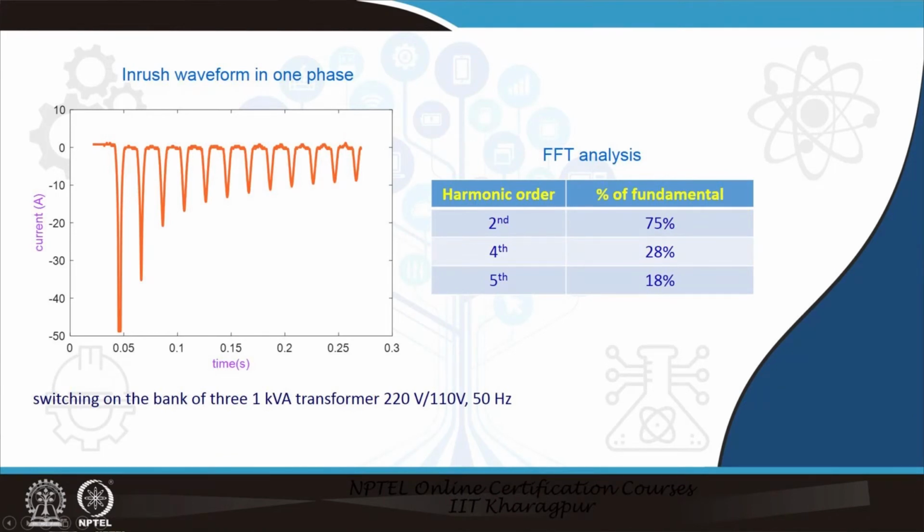If you see here, the current waveform is no more sinusoidal, and if we do the FFT analysis, it clearly reveals that the second harmonic and fourth harmonic components are much higher with respect to the fundamental. For this experimental waveform the second harmonic happens to be 75%, fourth harmonic 20% and fifth harmonic 18% of the fundamental.